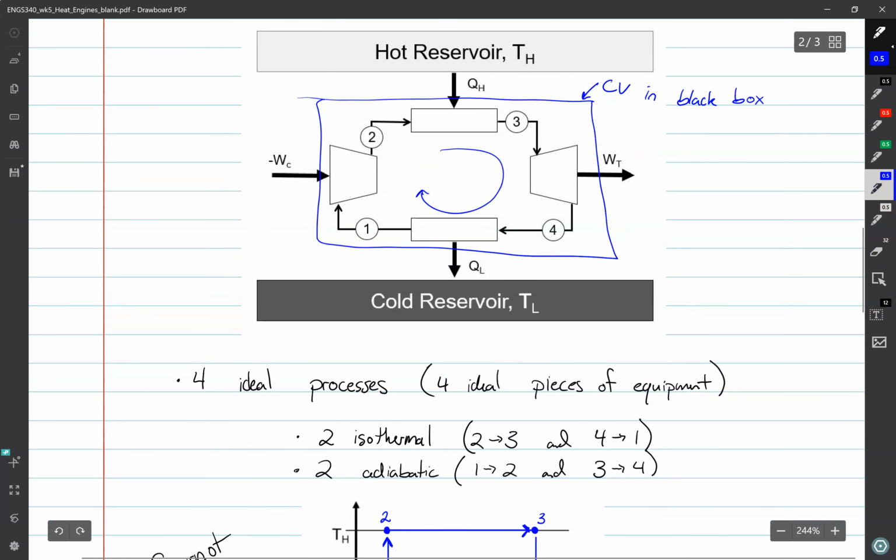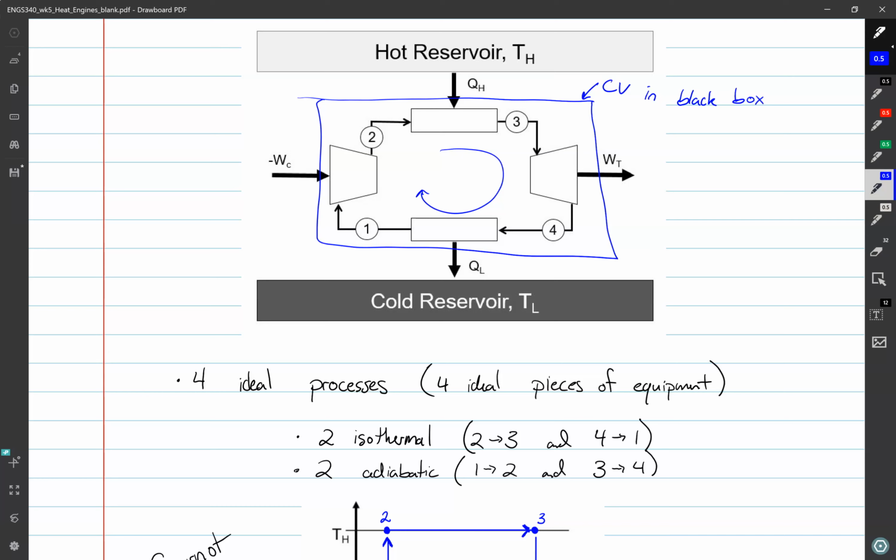As we said in class, the Carnot cycle is 4 ideal processes. 2 of them are isothermal. So as we go from 2 to 3, right up at the top, that's an isothermal process. As we go from 4 to 1, that's also an isothermal process. And process 1 to 2 is adiabatic, and 3 to 4 is also adiabatic.